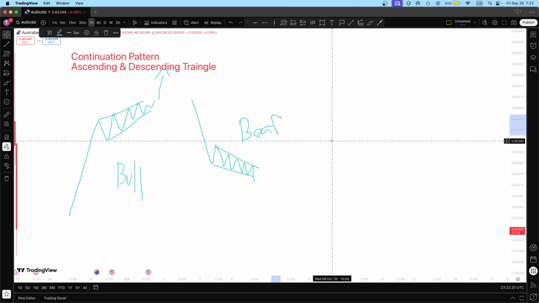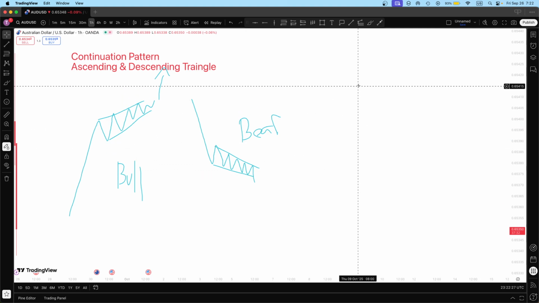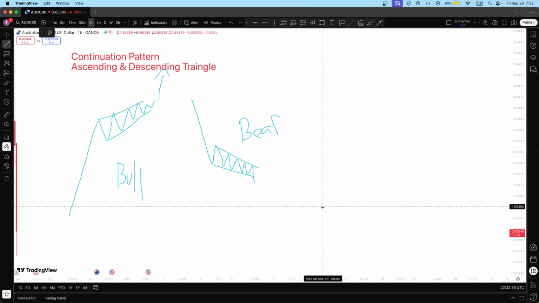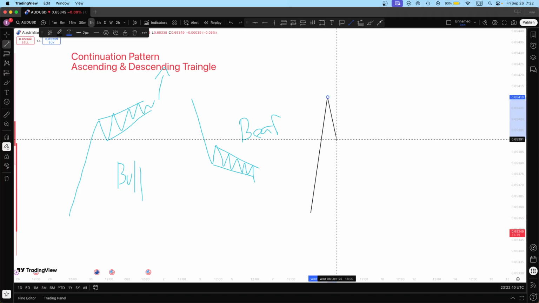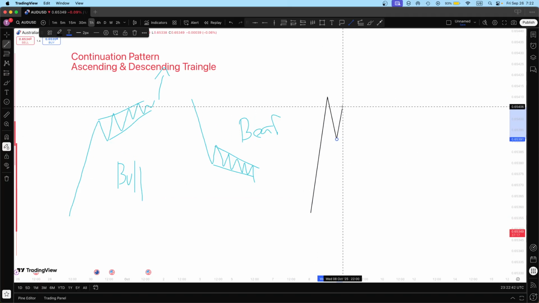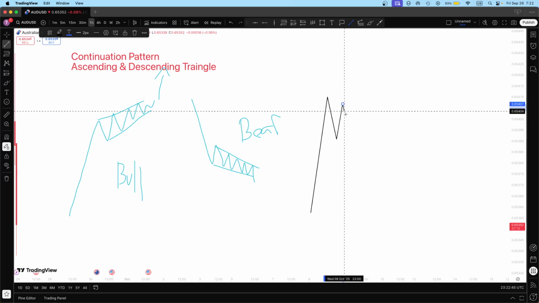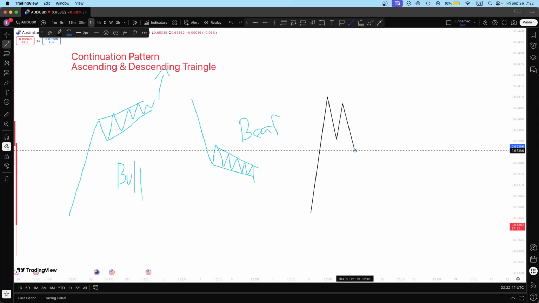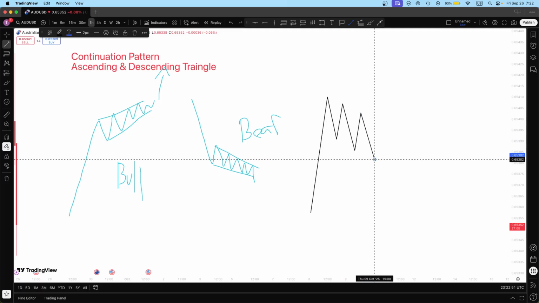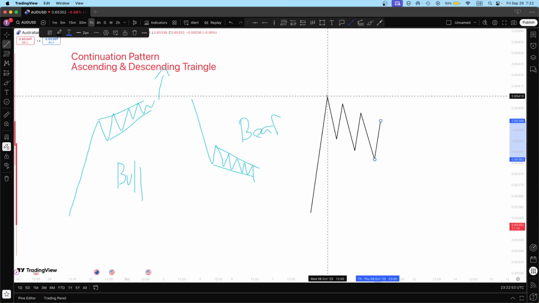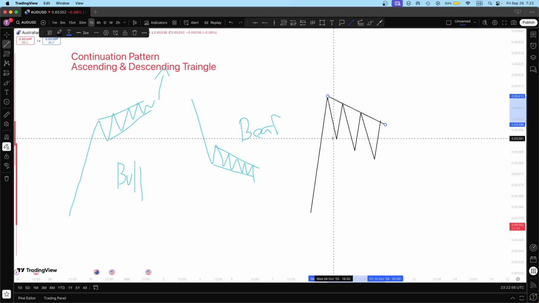And then the next one we have is bearish and bullish flags. This one is very easy to spot. Okay, let me use this. Impulsive, and then the corrective structure is like a flag. So here you will see something like this.